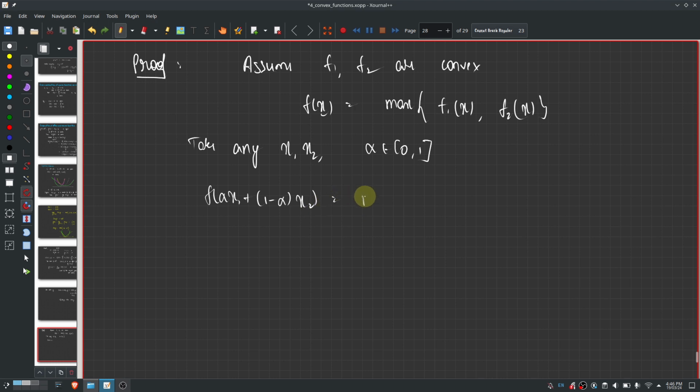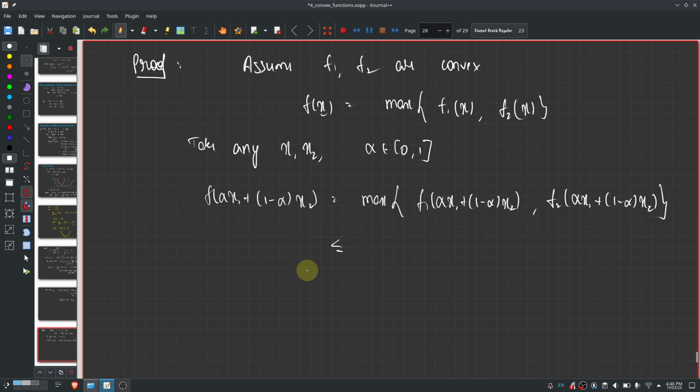This is equal to the maximum between f1 of alpha x1 plus 1 minus alpha x2 and f2 of alpha x1 plus 1 minus alpha x2. Correct?